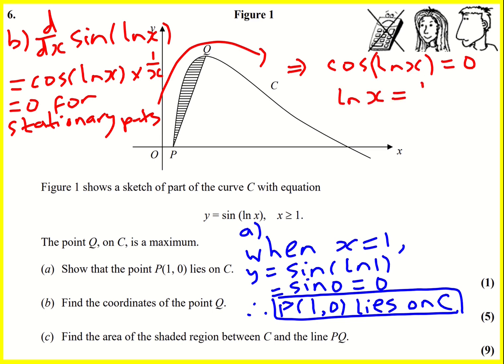And therefore ln x is going to equal pi over 2, because you can see it's the first solution. Therefore x is equal to e to the pi over 2. I've just realized I need to then find out what y is.